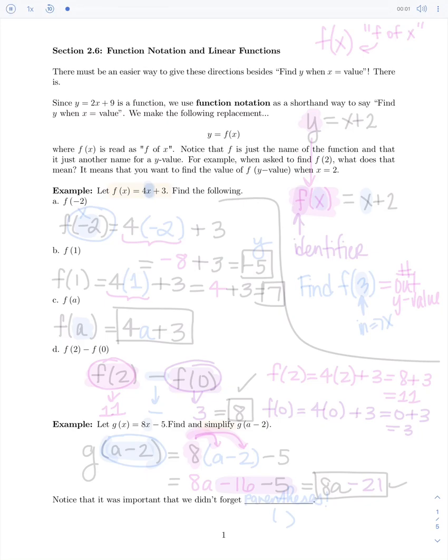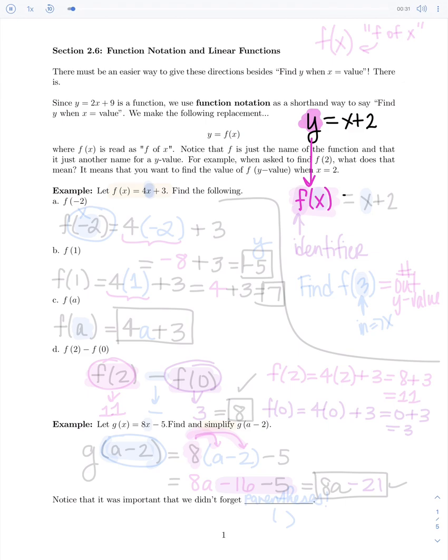In section 2.6, we're going to be looking at what's called function notation for linear functions. Instead of writing an equation like y equals x plus 2, as we have in the past, we'll swap the y with function notation, which looks like f with parentheses around x.